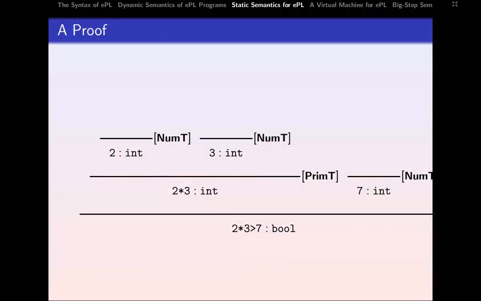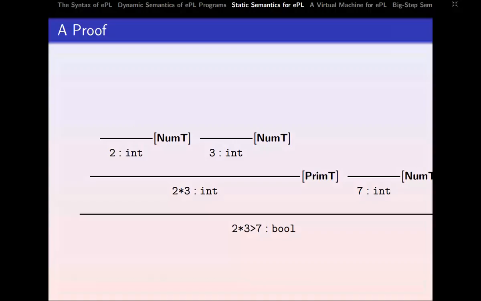So, let's go through a very quick proof that 2 times 3 greater than 7 has type bool. Right? So we start from first principles. So what are we going to do? How is this a proof? Well, each level is an instance of a rule, right? So this is a rule. This is a rule.